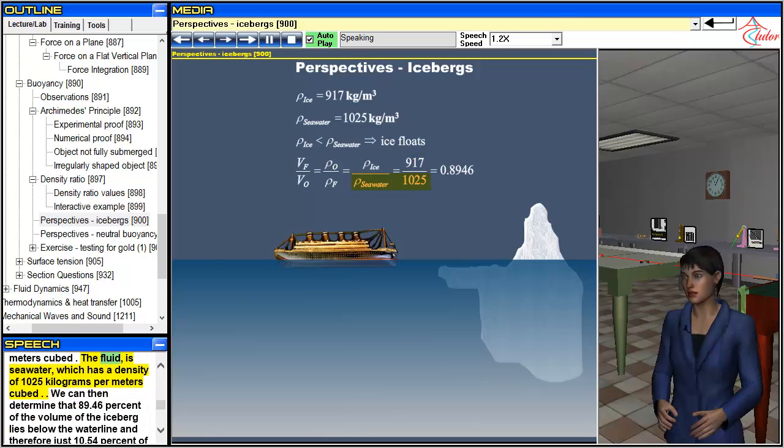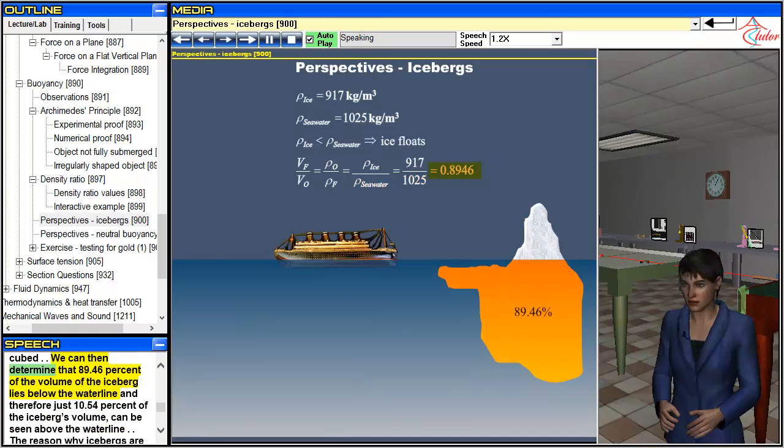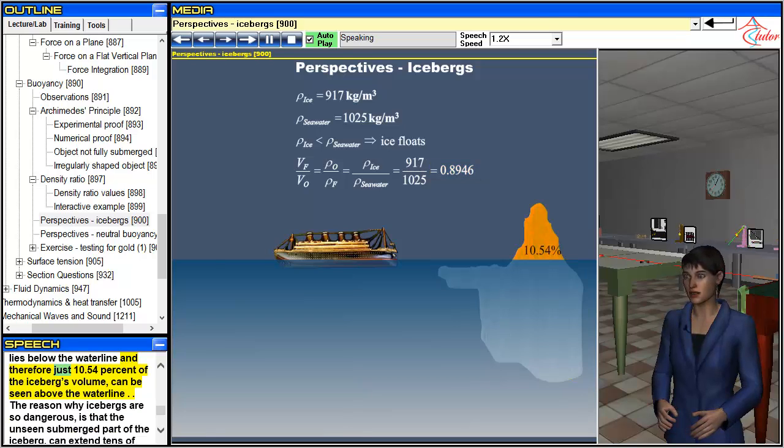The fluid is seawater, which has a density of 1025 kilograms per meter cubed. We can then determine that 89.46% of the volume of the iceberg lies below the waterline, and therefore just 10.54% of the iceberg's volume can be seen above the waterline.